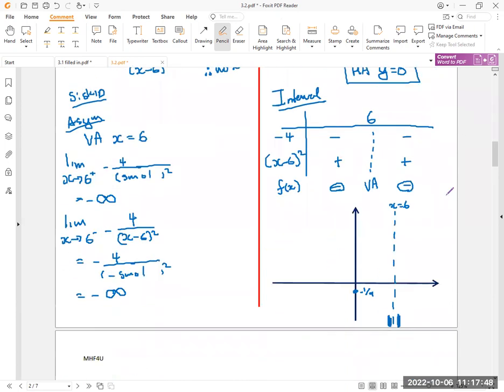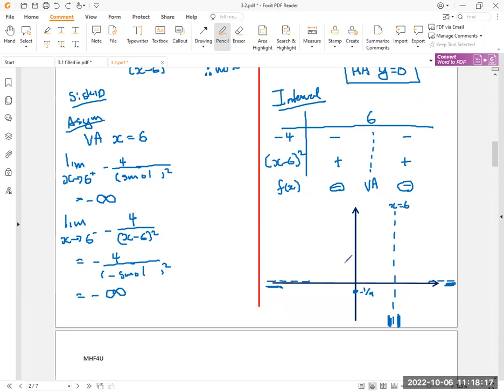So I know there is an asymptote here, and it approaches from underneath. And of course, the interval tells me that left of 6, I have to be under the x-axis, and to the right of 6, I have to be under the x-axis.